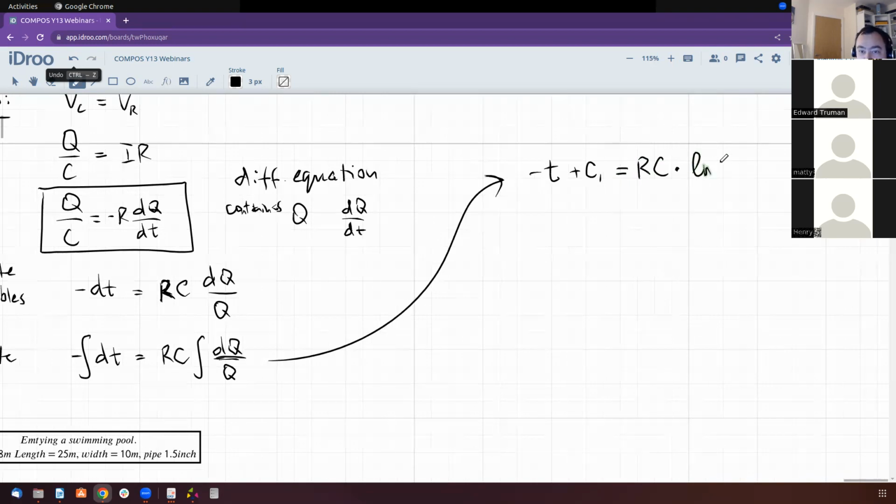It's ln q plus, well, plus c2. There is a problem. We can't use c because we already have c. So let it be k, k1 and k2.